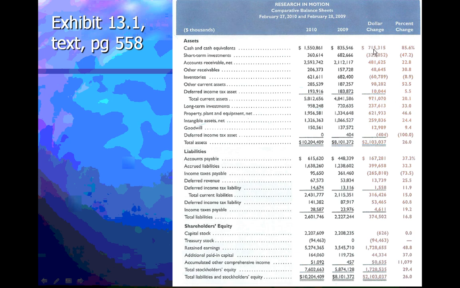Then they divide that difference into the base year, 2009. They divide 715 into 835, and that's almost 100%. Well, actually, it's 85.6%. So first you get the actual difference. Again, 1550 minus 835 gives us a difference of 715. You divide the 715 by 835, and you get 0.856, or as a percentage, you get 85.6%.